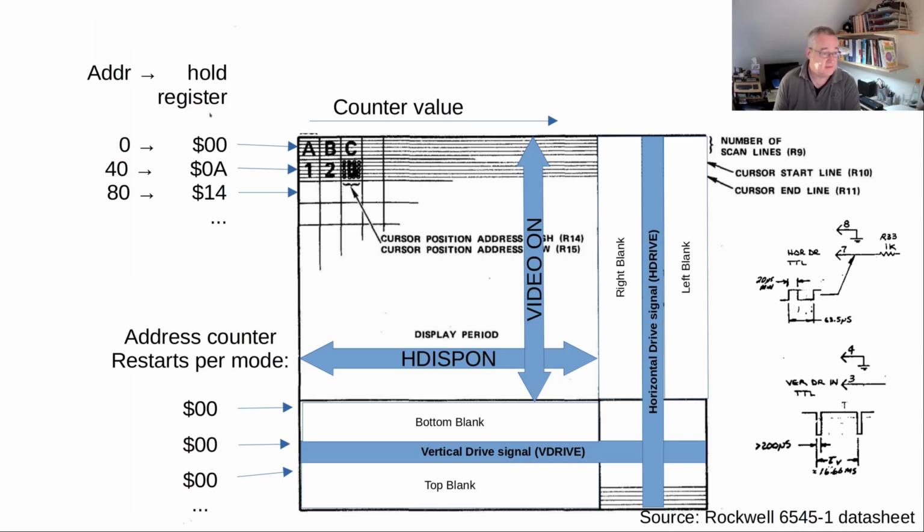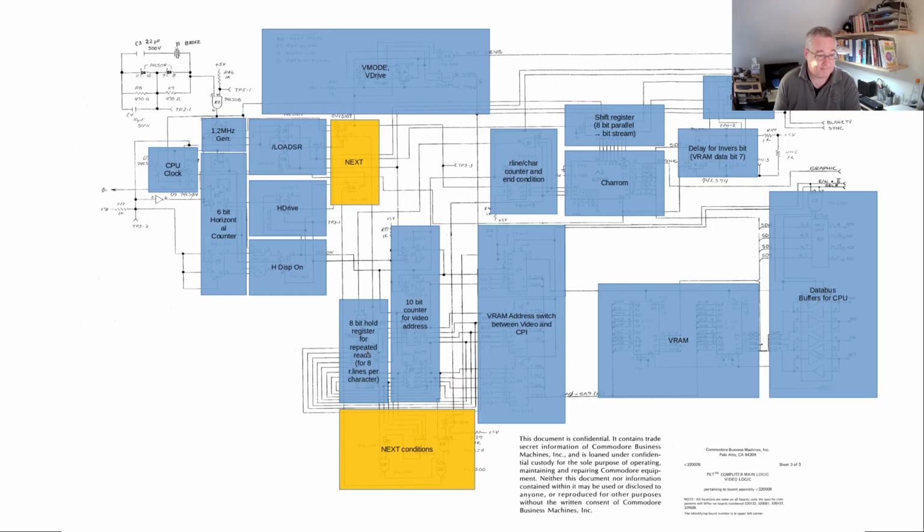And so the hold register holds 0 for the first character line, 10 for the second character line, 20 for the third character line, and so on, because it's all divided by 4. And we have the address counter restart every time the mode changes. So how does the mode change? We have to look at the next logic, which is the next conditions, and some control logic.